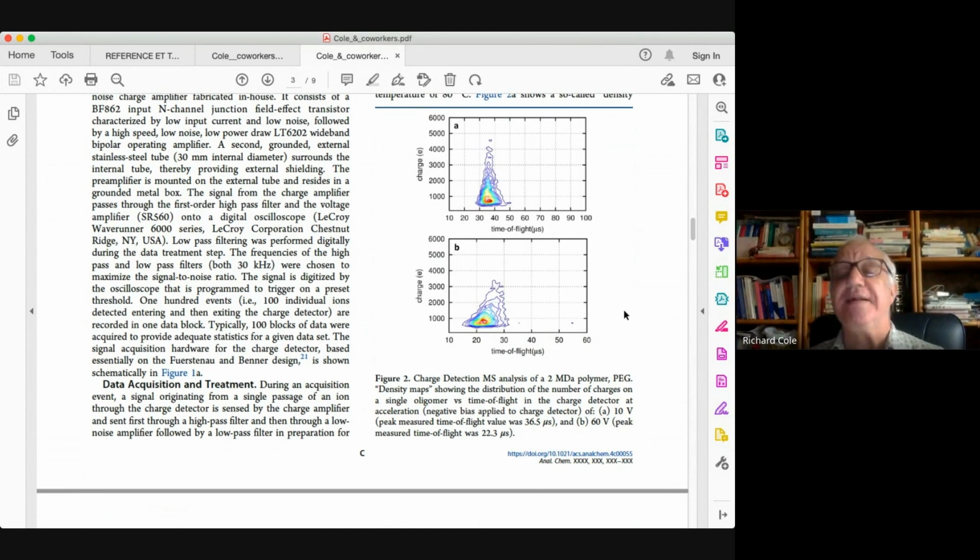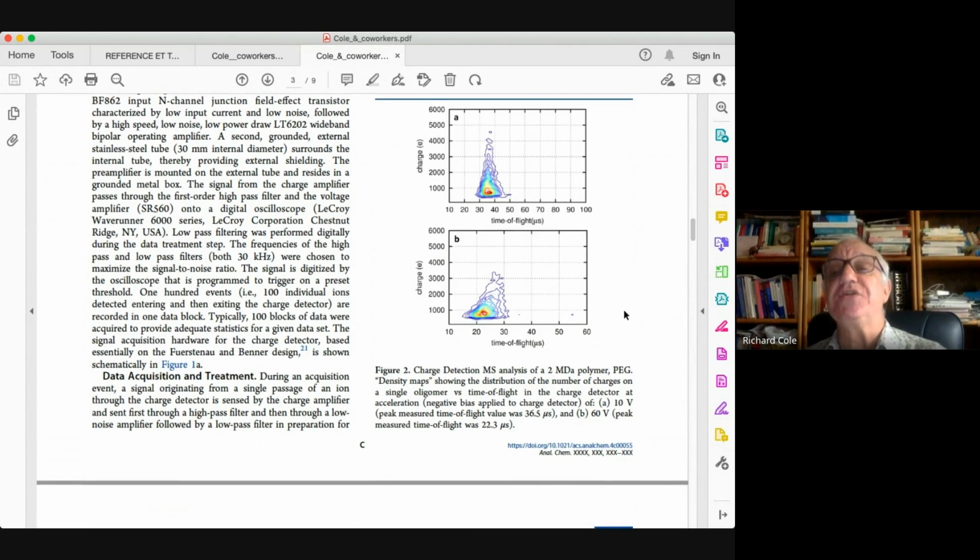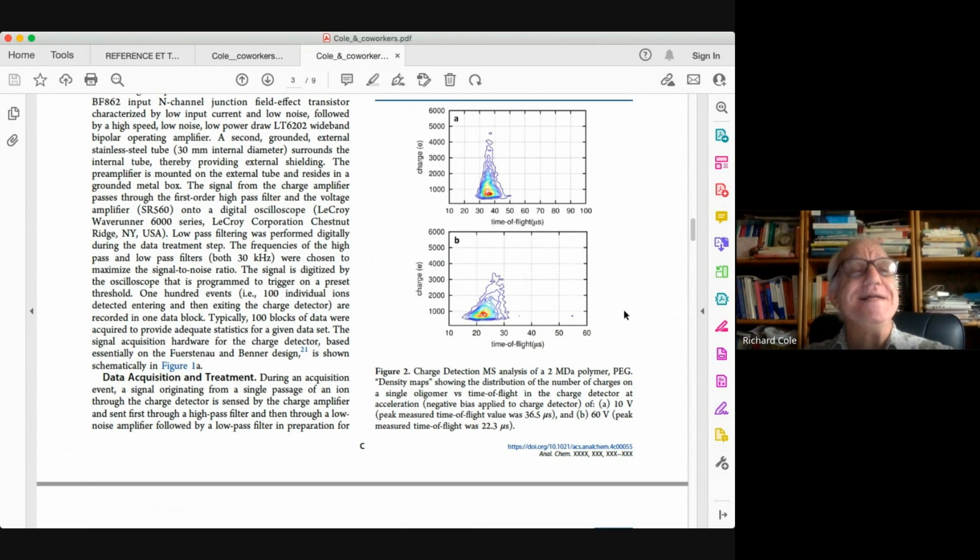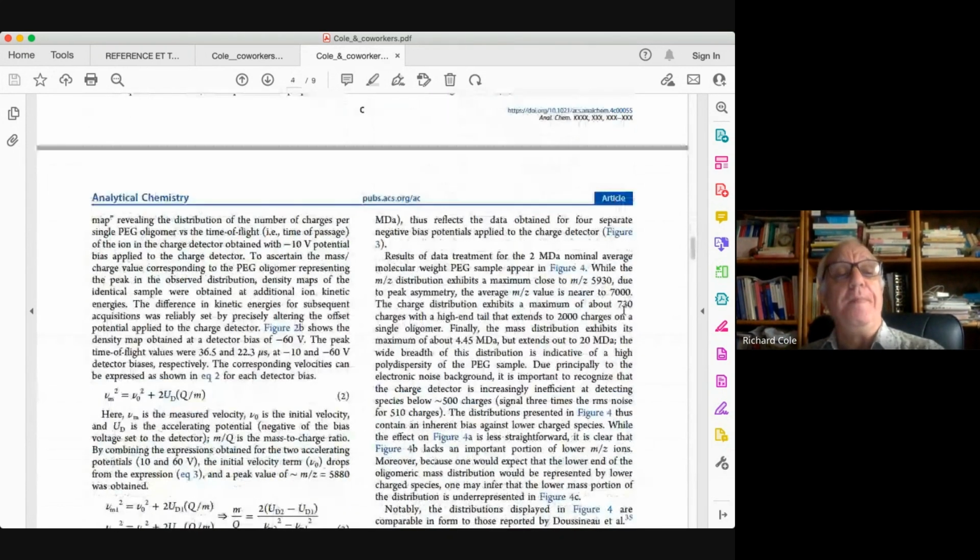But I'll say from the outset, if we had a beam of uniform energy, like a type of electric sector before the charge detector, then that's going to simplify things and improve your analysis quite a bit. So in some ways, we have a lower cost instrument here. That's its advantage, but we have some disadvantages in terms of our data treatment, and I'm absolutely not going to hide those. I'm going to discuss those in detail.